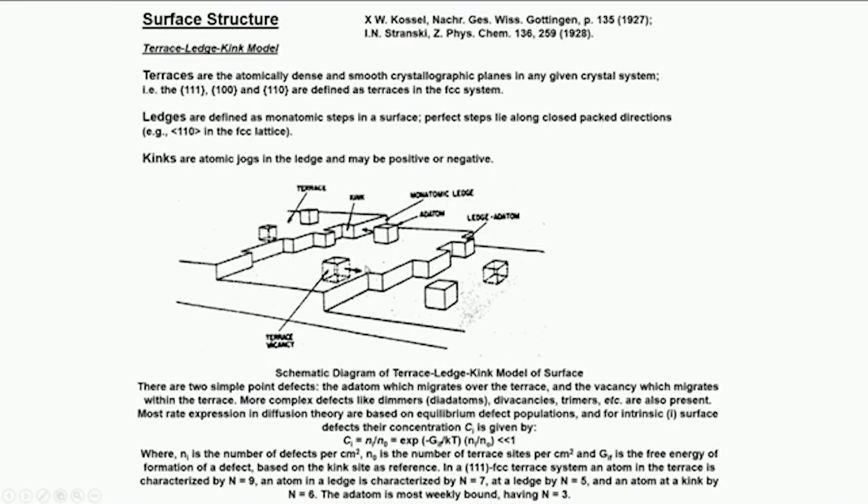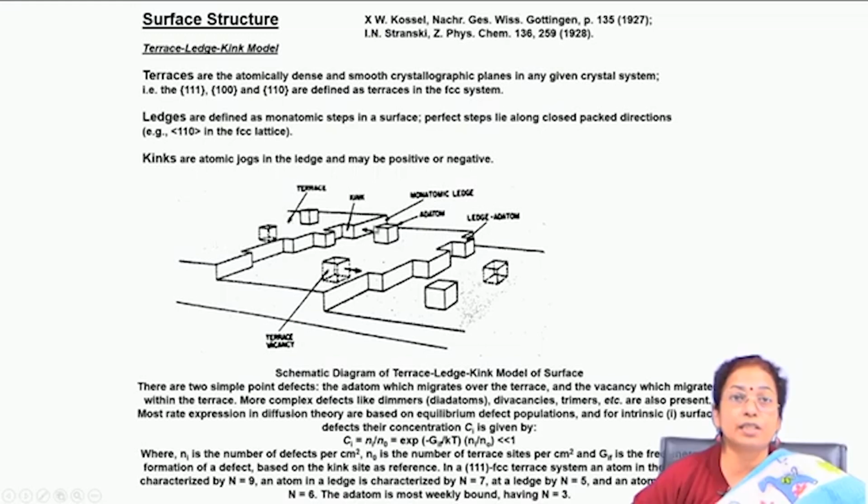So, usually if you see the surface atomic arrangement, you will find that there are smooth crystallographic planes up to a certain level, and then there is a discontinuity. Then again this particular surface continues up to a certain distance, and then again there are discontinuities, of one atomic step. These atomically smooth planes where the surface is created are called terraces, and where there is a discontinuity by one atomic level, you call it a ledge.